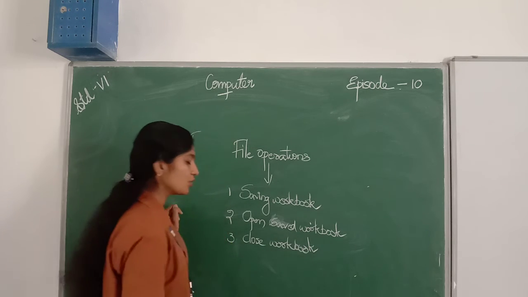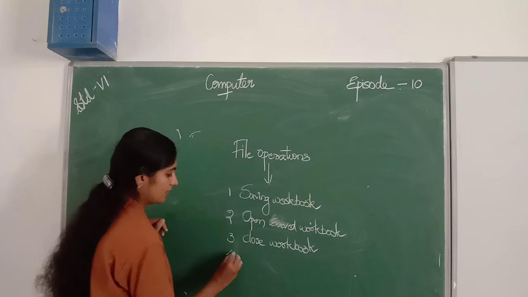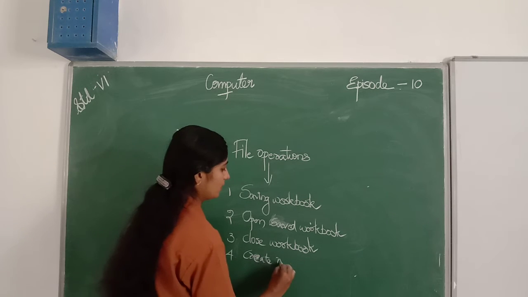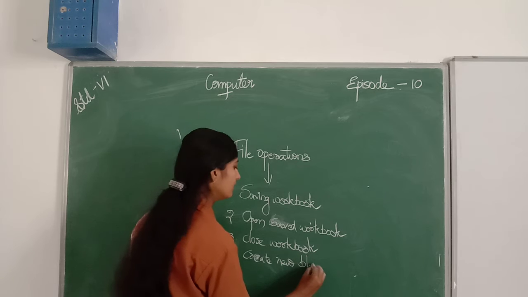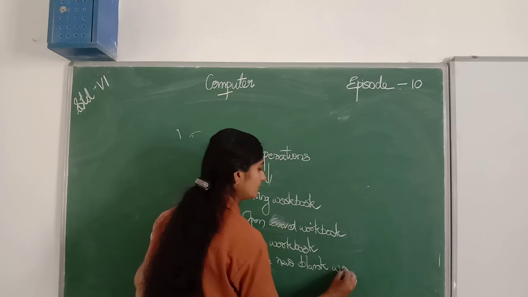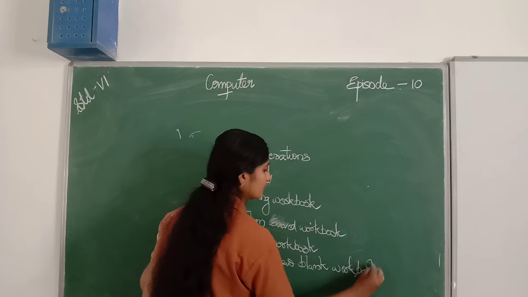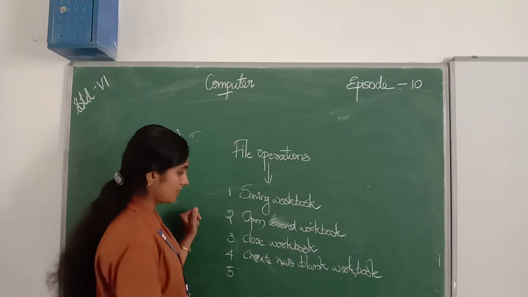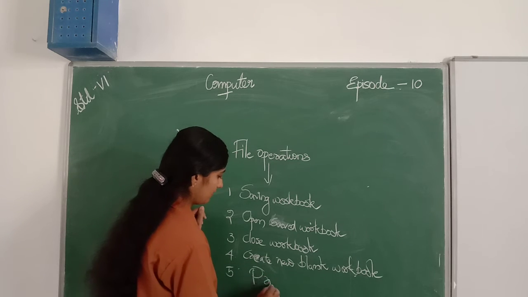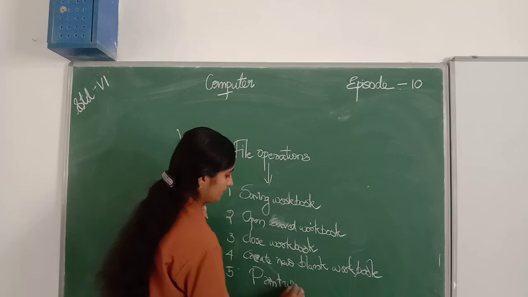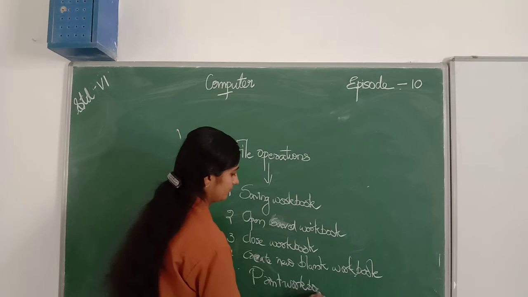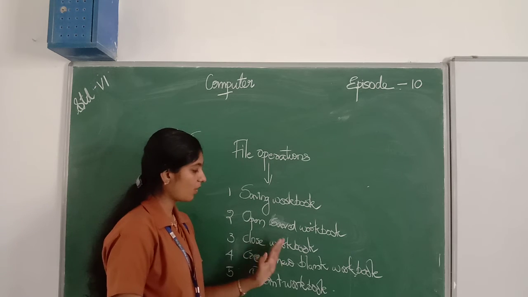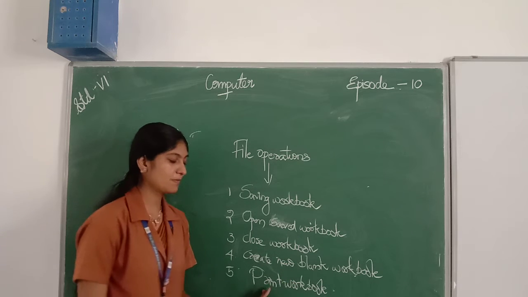Fourth, how to create new blank workbook. Then fifth one, how to print workbook. So once again: saving workbook, open saved workbook, close workbook, create new blank workbook and print workbook.